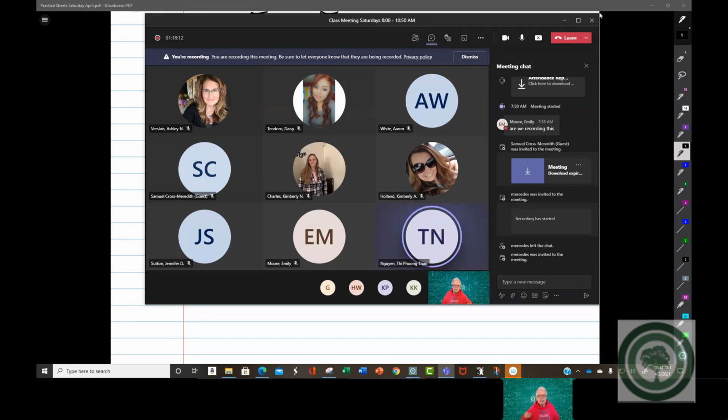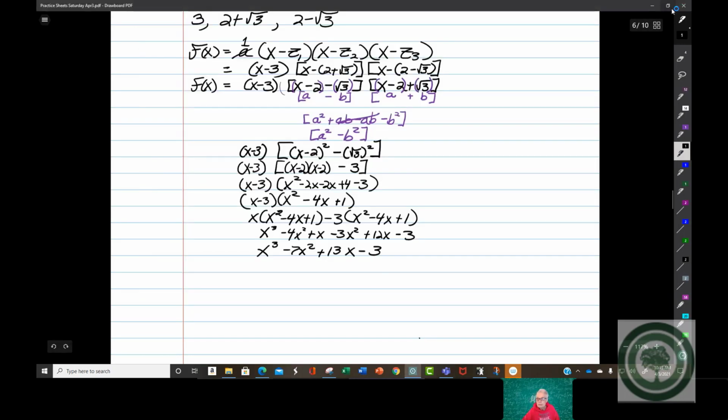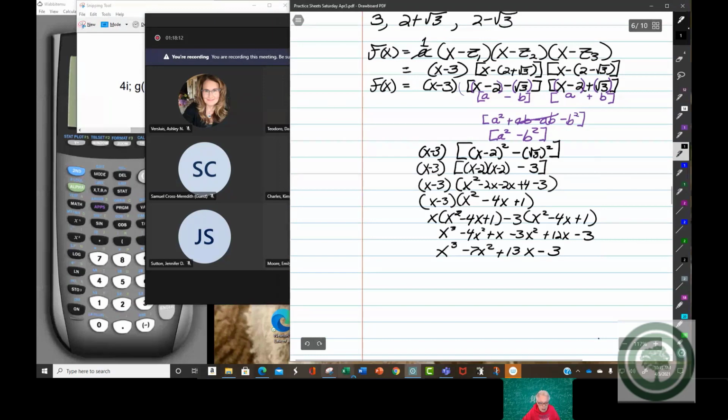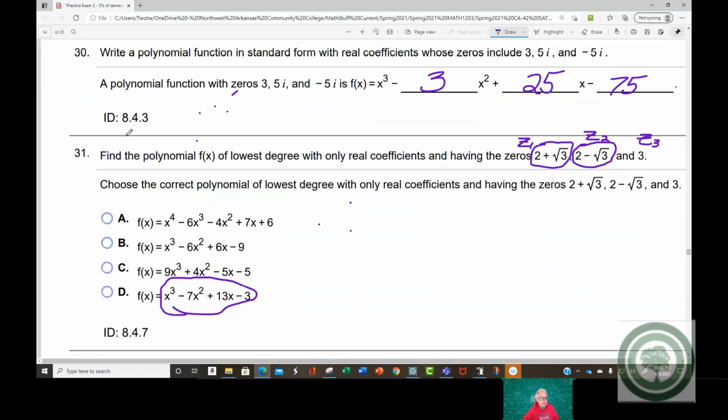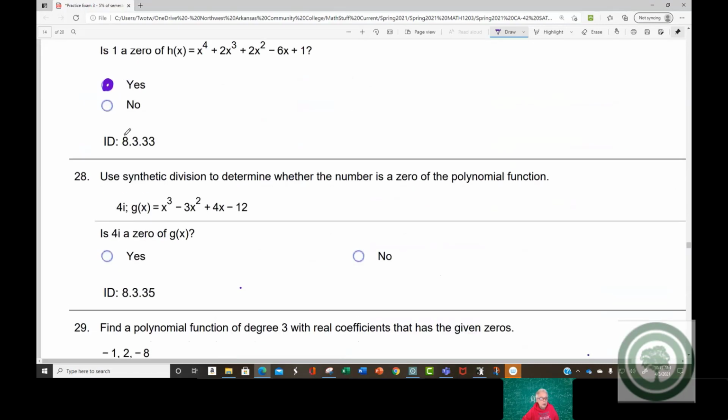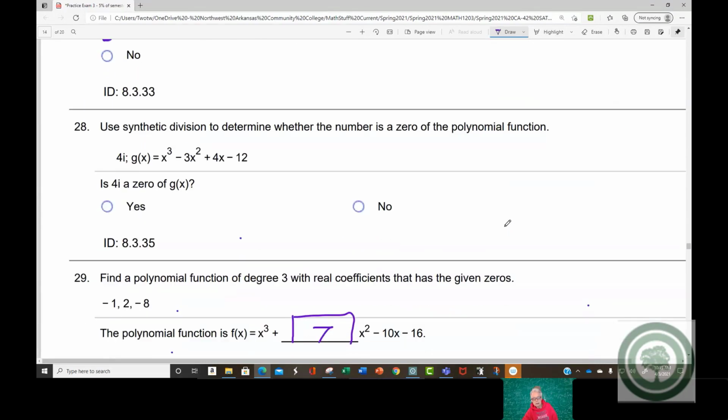Hi, Professor. Yes. I have questions on 28. When we try to find the quotient, why do we start to write the x squared instead of x to the third?